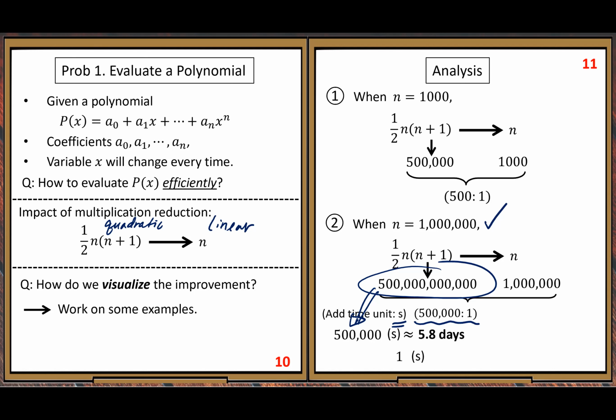Think about that, 5.8 days. To evaluate the same 1 million degree polynomial by Horner's rule, we only need 1 second. By the old way that everybody is familiar with, we need nearly 6 days, slightly less than 6 days.